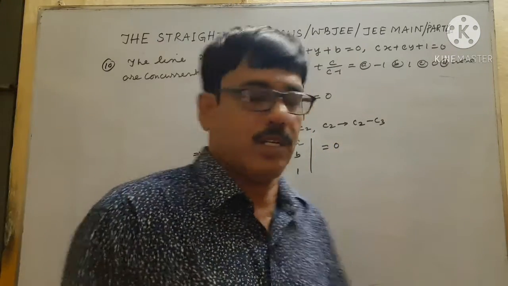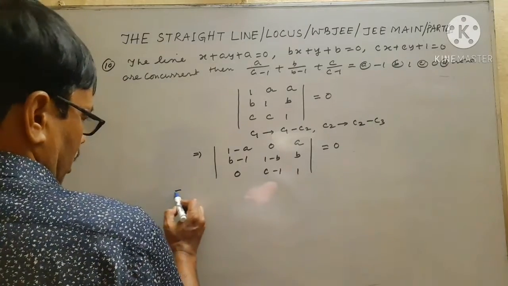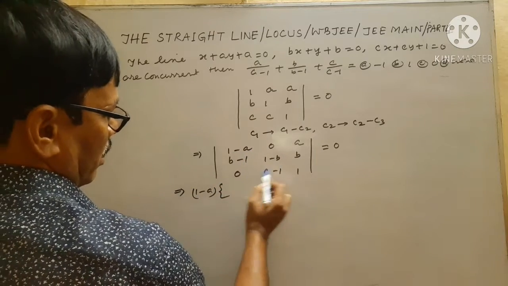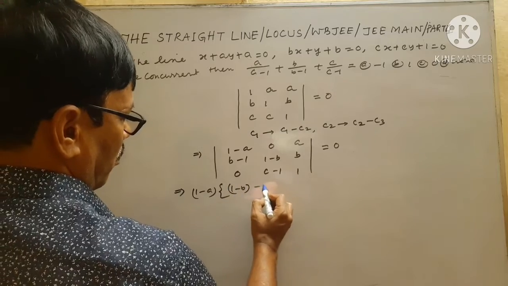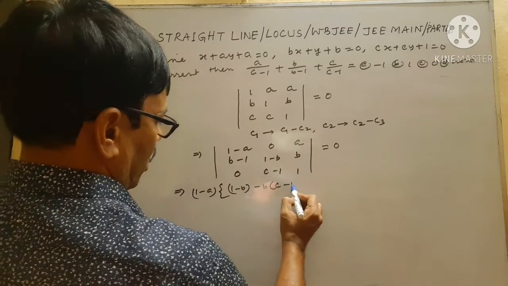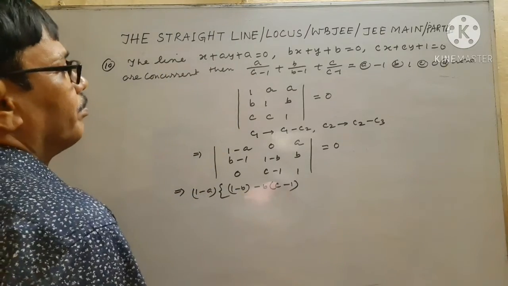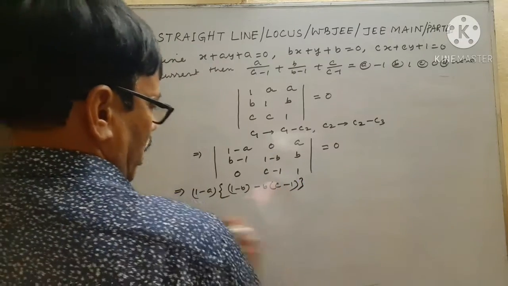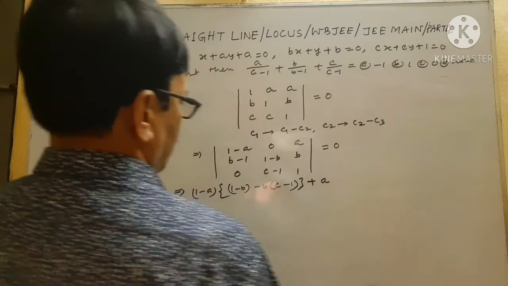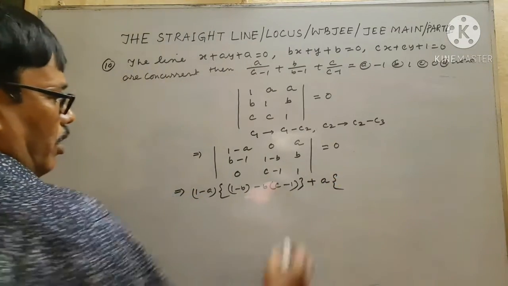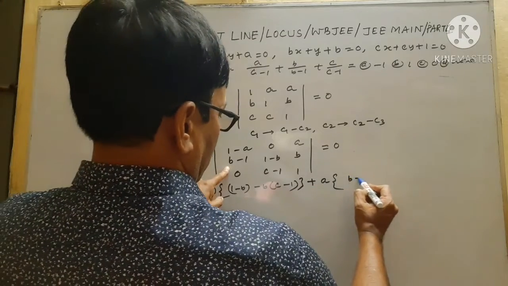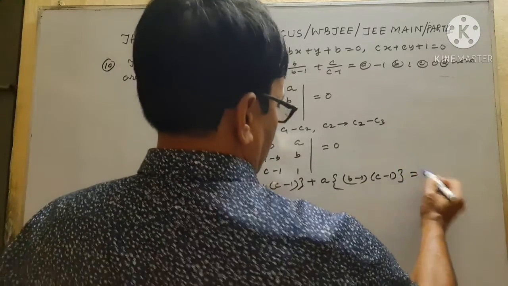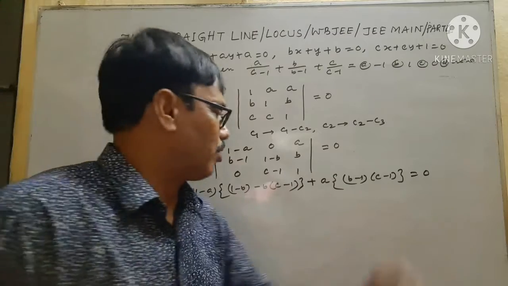So we are using the determinant. If we expand, 1 minus a multiplied by 1 minus b into c minus 1, bracket close, 0 as it is, so plus a into b minus 1 into c minus 1, and 0 into the rest. So this is our result.